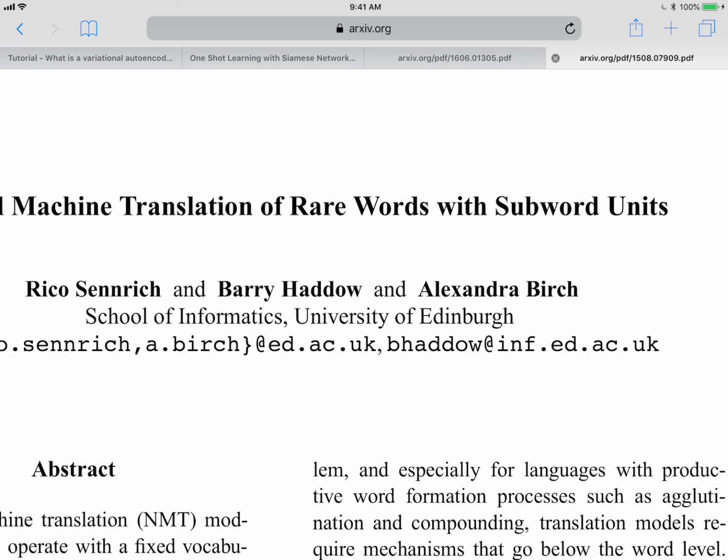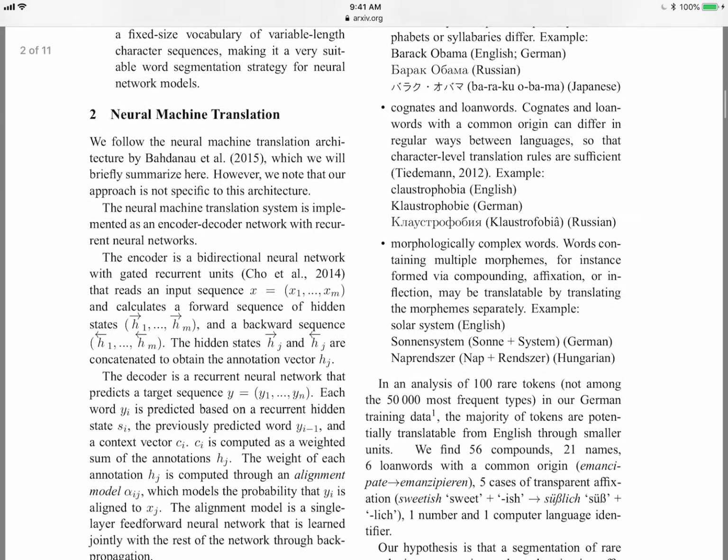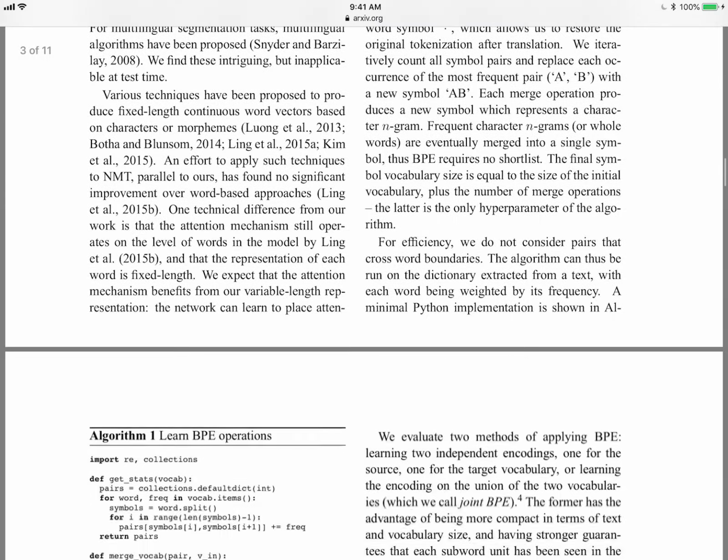But if we use the character-level one, this newly appearing word is represented as a sequence of known character-level, subword, or character n-gram sequences.